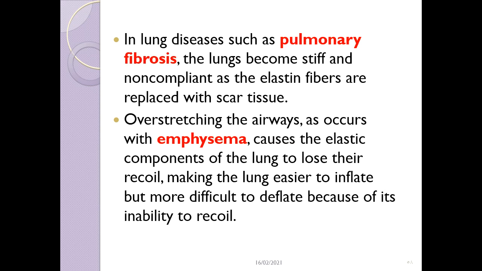This will cause the elastic component of the lung to lose its recoil ability, making the lung easier to inflate. Why? Because it has the ability to increase its size, but the defect is in the deflation. The lung has difficulty deflating because of its inability to recoil.